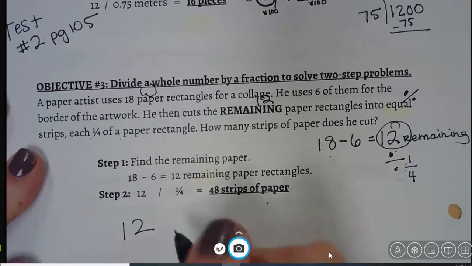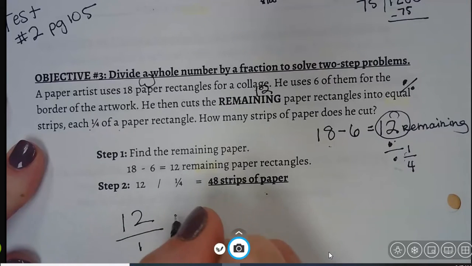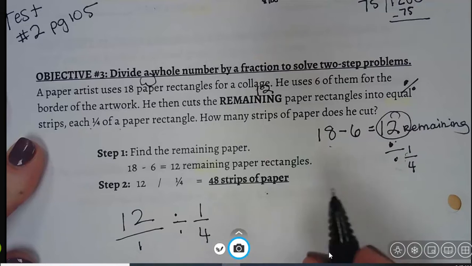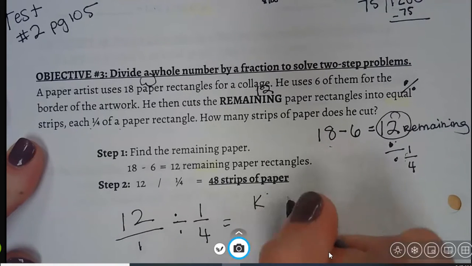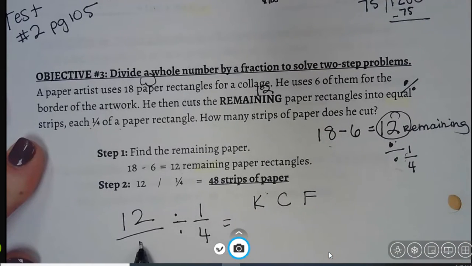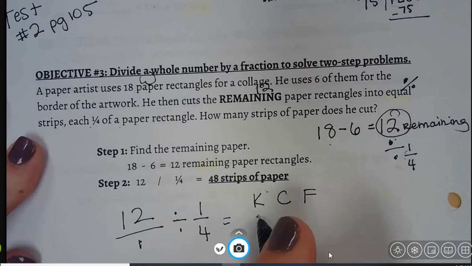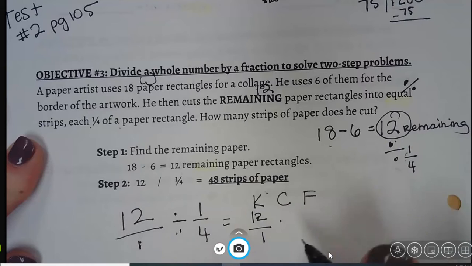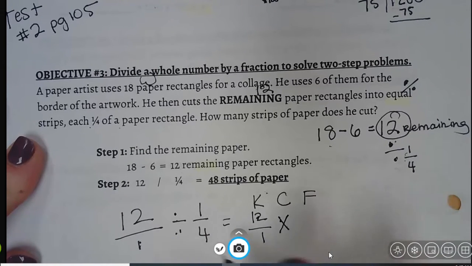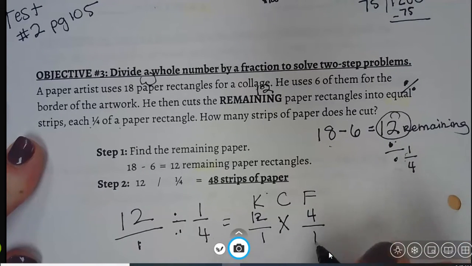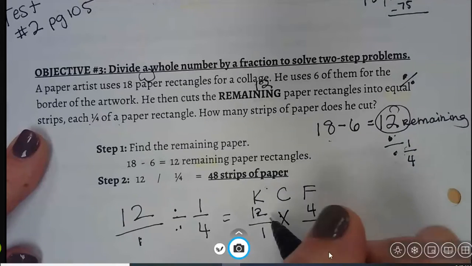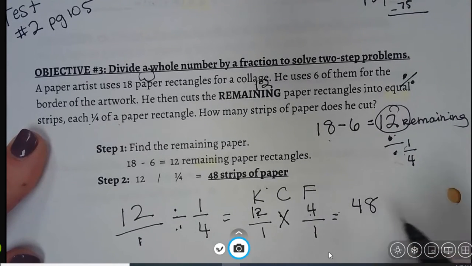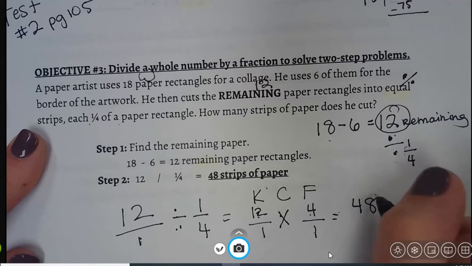So 12 divided by 1/4. Remember, when we divide by a fraction, we do keep, change, flip. I never change my first number. That's why it says keep. I keep it the same. I change the operation to the opposite, so multiply, and then I flip my second fraction to the reciprocal. So 12 times 4 is 48. 1 times 1 would be 1, so this would be over 1. So it would be 48 strips remaining.